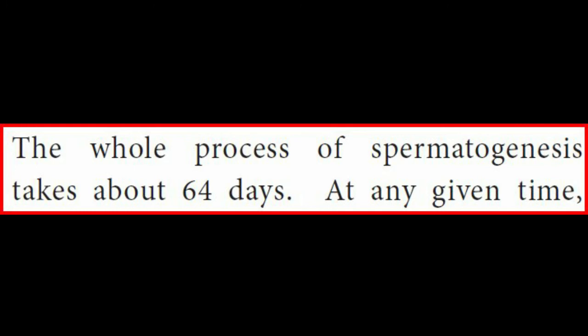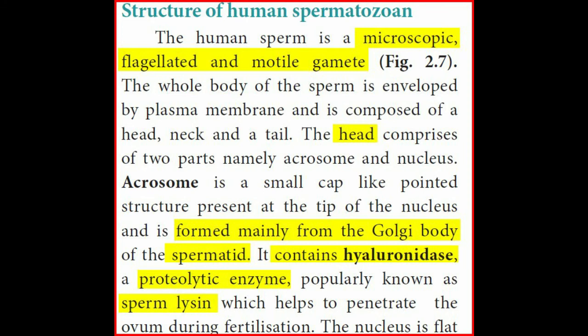Next, we are going to see the structure of human spermatozoon or sperm. The sperm is a microscopic, flagellated, motile gamete. It is divided into head, neck, and tail. It consists of 3 parts.